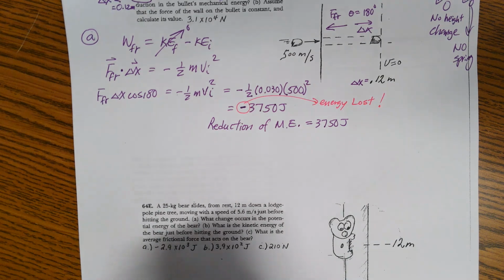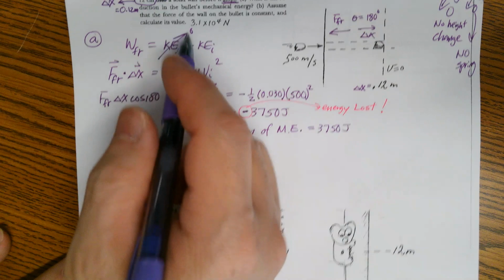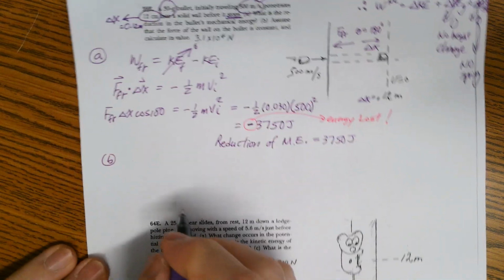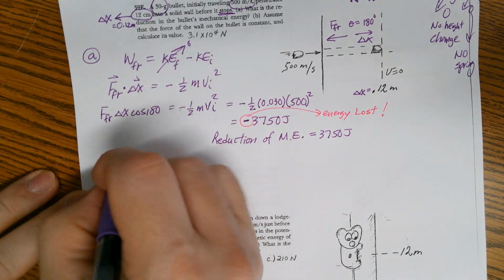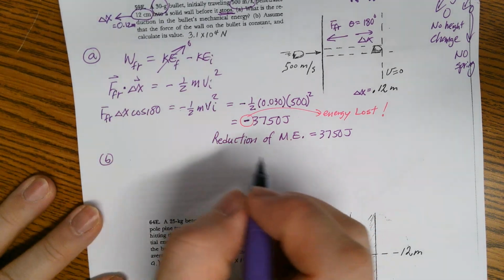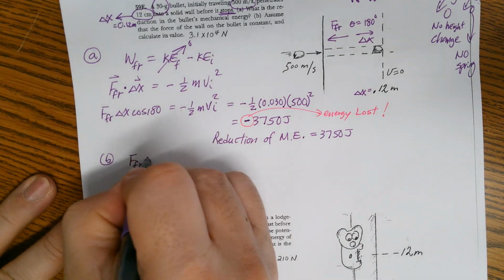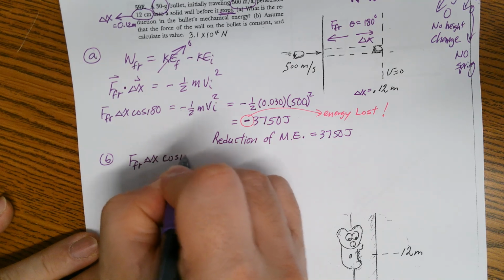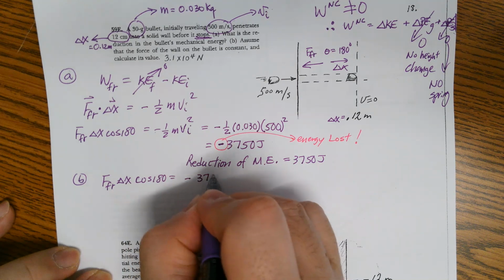All right. So what about part B? They want to know, assume the force of the wall and the bullet is constant. For part B, they want to know what the force is. So we know the force of friction times delta x times cosine of 180 is equal to negative 3750.